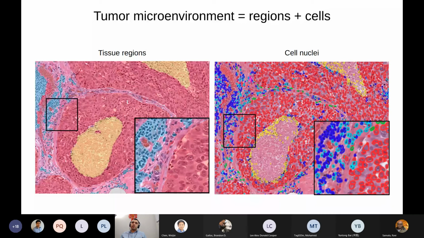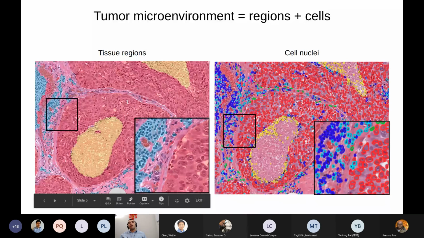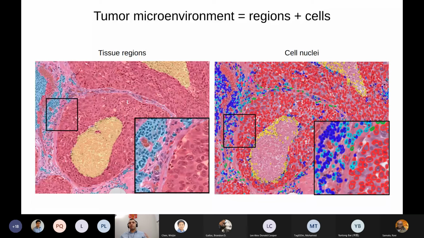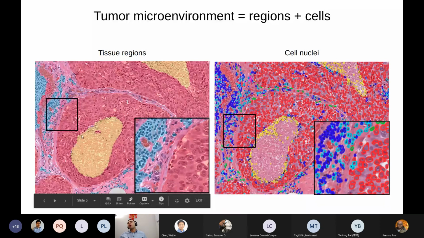Denoted in red is the tumor. The stroma is transparent, so all of this pinkish material is the stroma. The bluish stuff is your immune system fighting the tumor, the tumor infiltrating lymphocytes, which are known to correlate nicely with survival. And finally, there's necrotic tissue in yellow, which is dead tissue. All of this is done at a lower magnification.